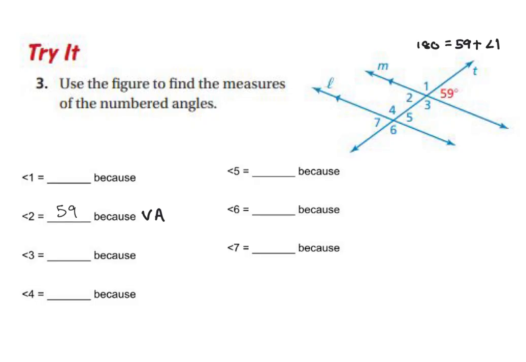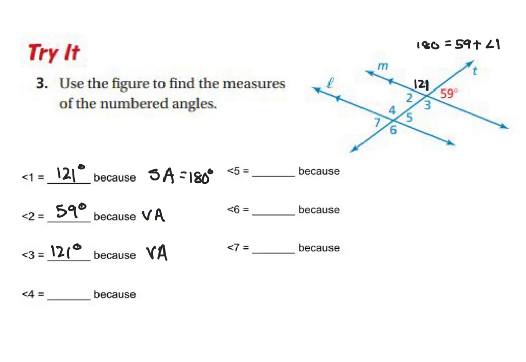So 180 minus 59 is 121. And that's because of supplementary angles equaling 180. So then angle 3 is going to be 121 degrees. That's because of vertical angles.